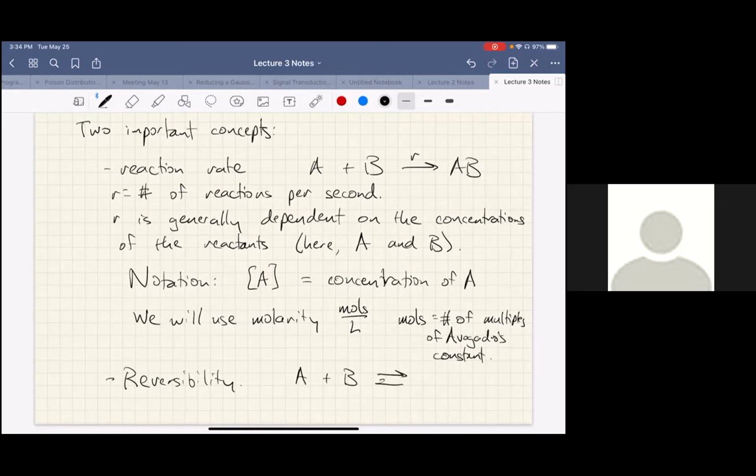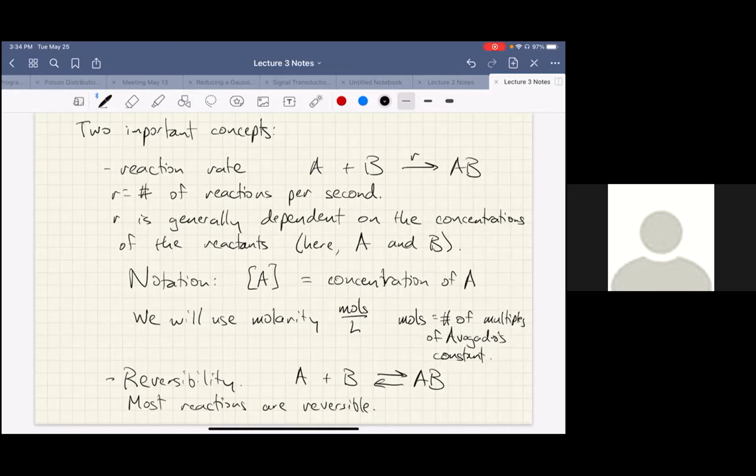But it is generally true that most of the reactions we talk about are reversible. Not all, but in general, most of these reactions are reversible, and there will be a forward rate.